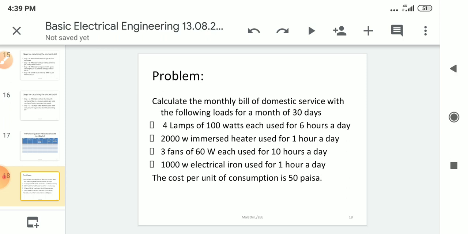This is a question. Here, what are the particulars of load? This load has lamps, heater, fan, iron box. 4 different types of loads.